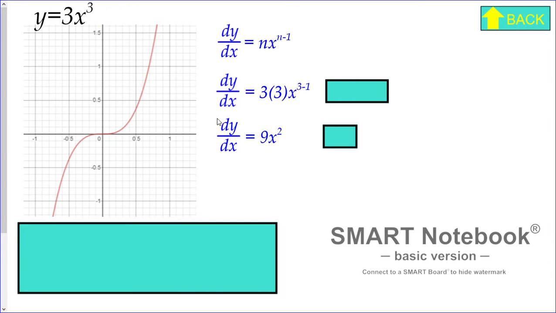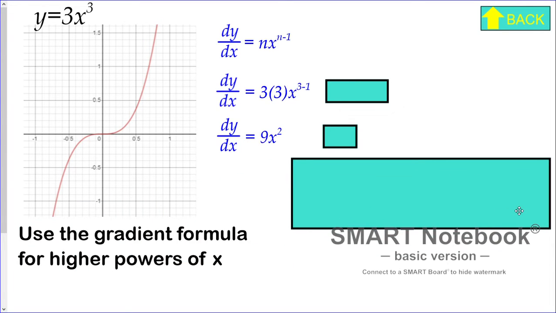So in our case, the gradient function is 9x squared. If I sub in the value of negative 0.5 into this function, it will generate the gradient at that point, which is remarkable. So, we use the gradient formula for higher powers of x: squared, cubed, to the power of 4, etc.